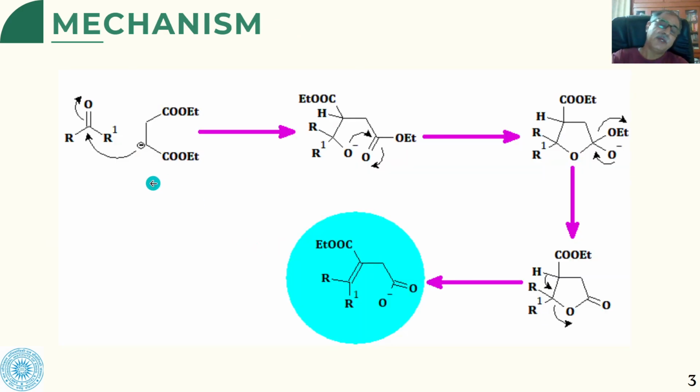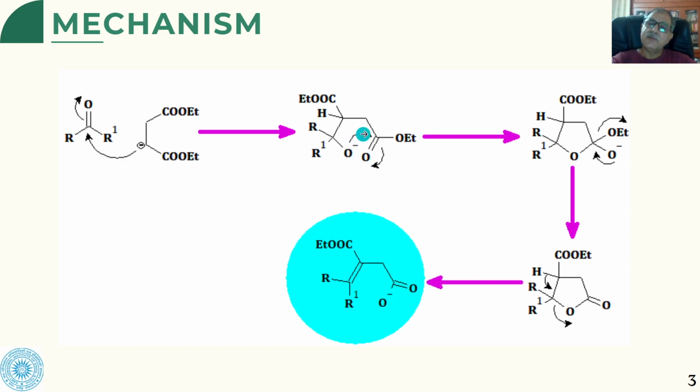Now, as far as the mechanism of this reaction is concerned, in the first step, the strong base will generate the carbanion on the diethyl butanedioate, and this carbanion will attack the electrophilic carbon of the carbonyl compound, that is aldehyde or ketone, and this oxygen now will acquire the negative charge.